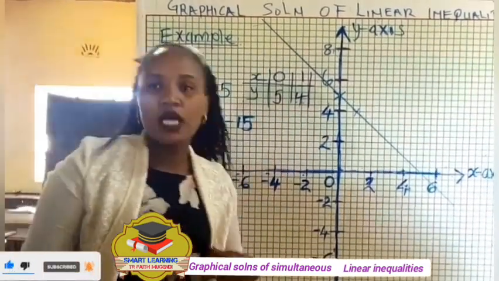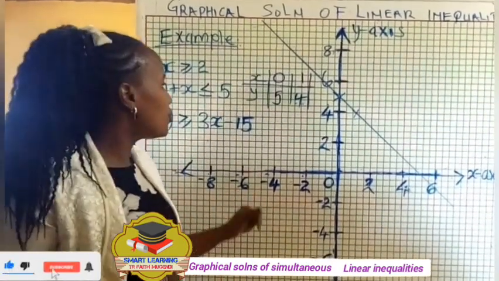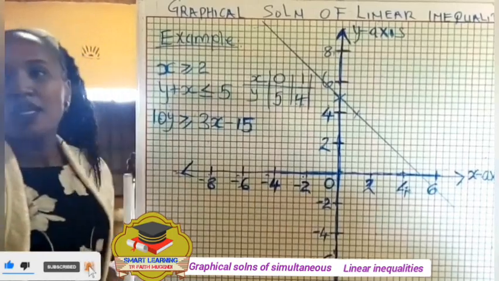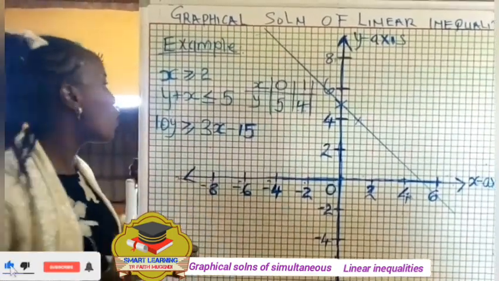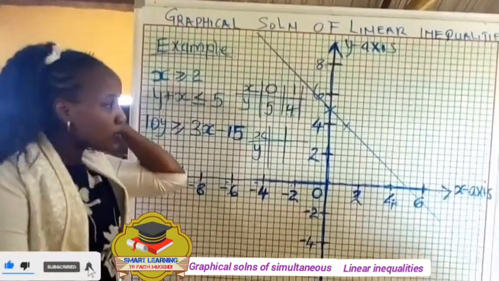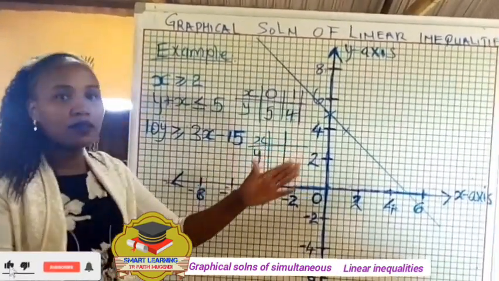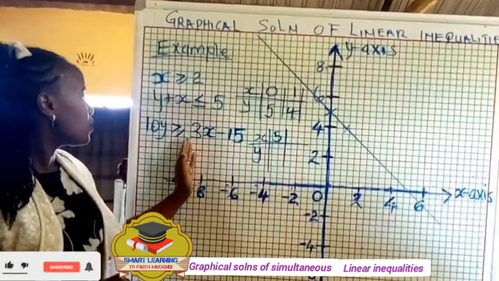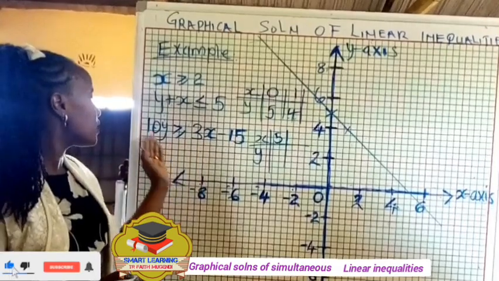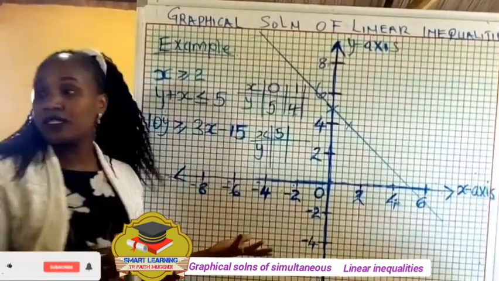So we are going to make another table of values for this other inequality. I want Purity to give us the value that you assume for x to get y. Purity, carry on. x is 5. So when we assume x is 5, this becomes 15. When you divide by 10, then you get y is 0.